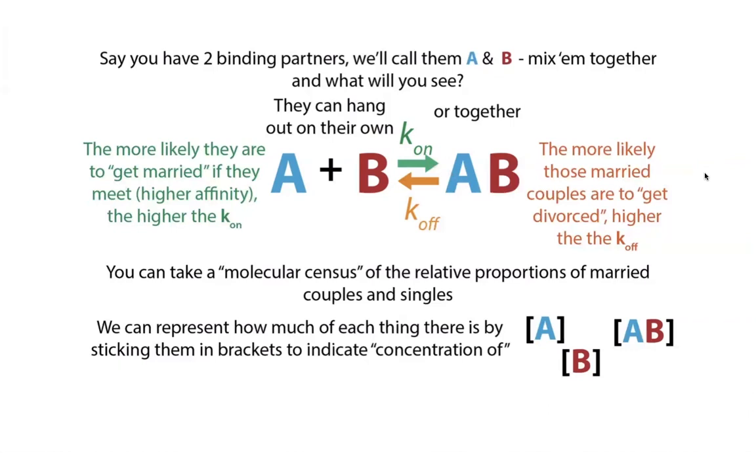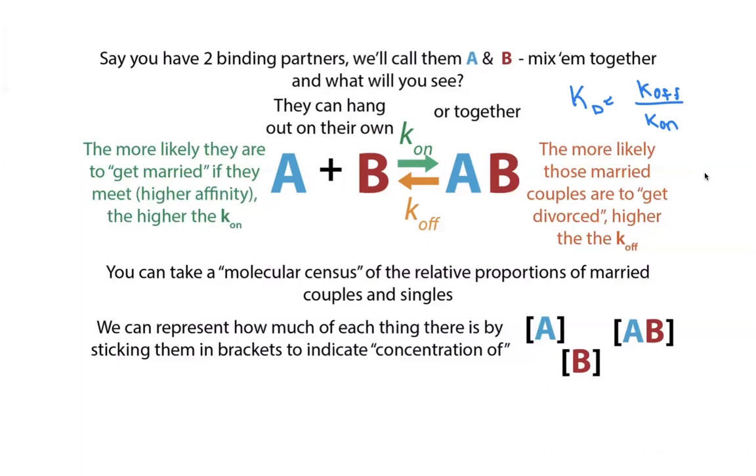So we can actually write the KD, which we'll talk about more in terms of concentration, but we can also say the KD is equal to the K off divided by the K on. So bottom line, these rate constants, these little K things, are going to influence how much of each of these we find at equilibrium.